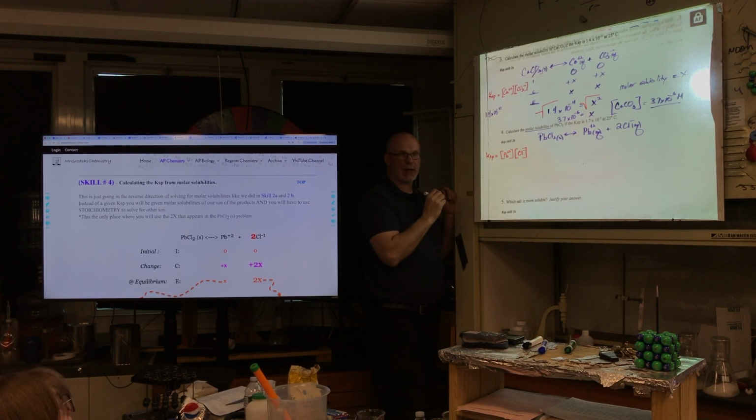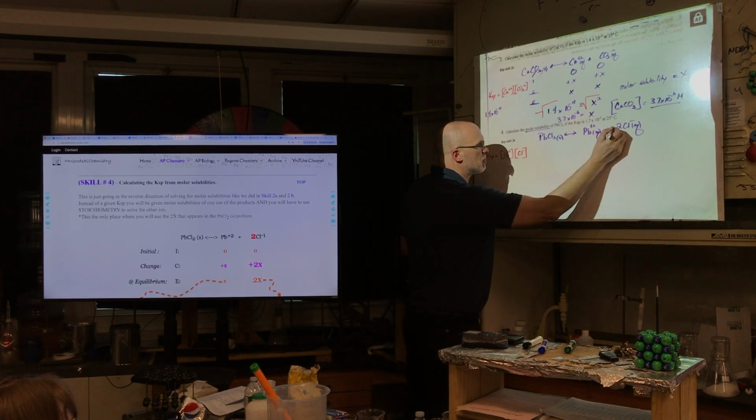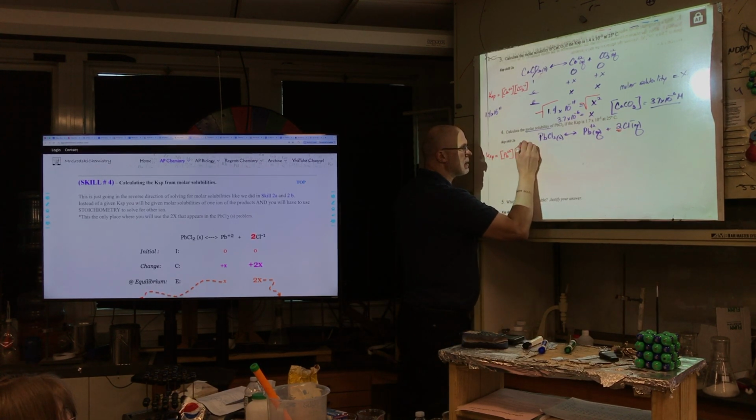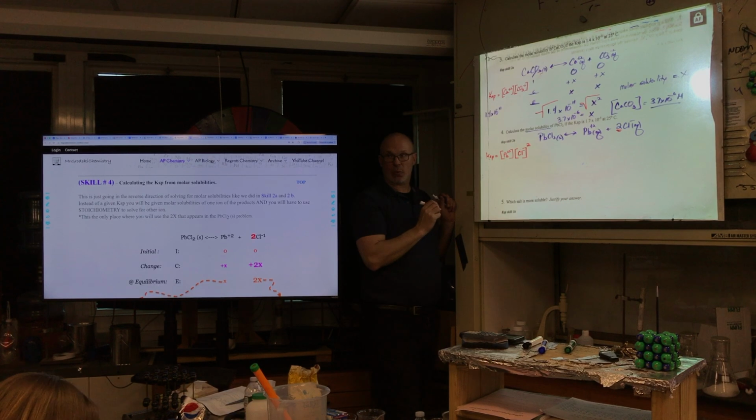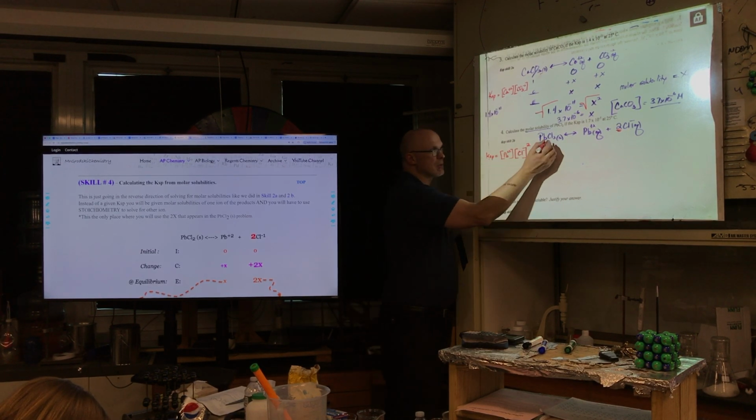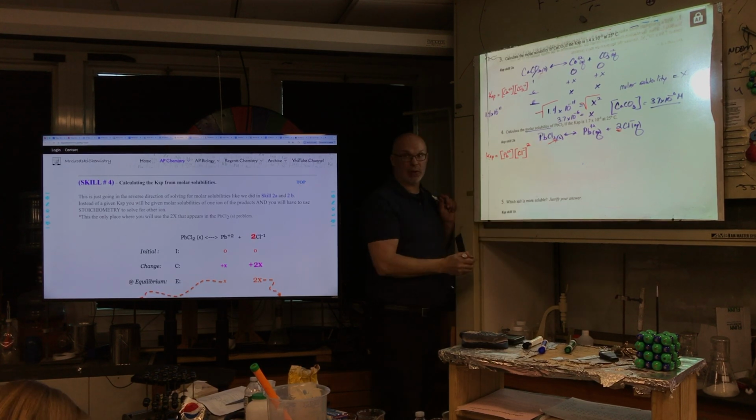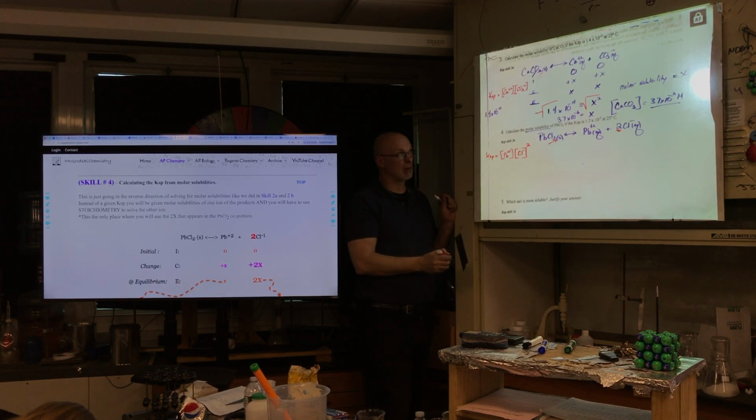Products over reactants, coefficients become what? Right. That becomes a square there. And there's no denominator because what doesn't apply? Solids or liquids, they don't have a molarity. That is a point. You with me?